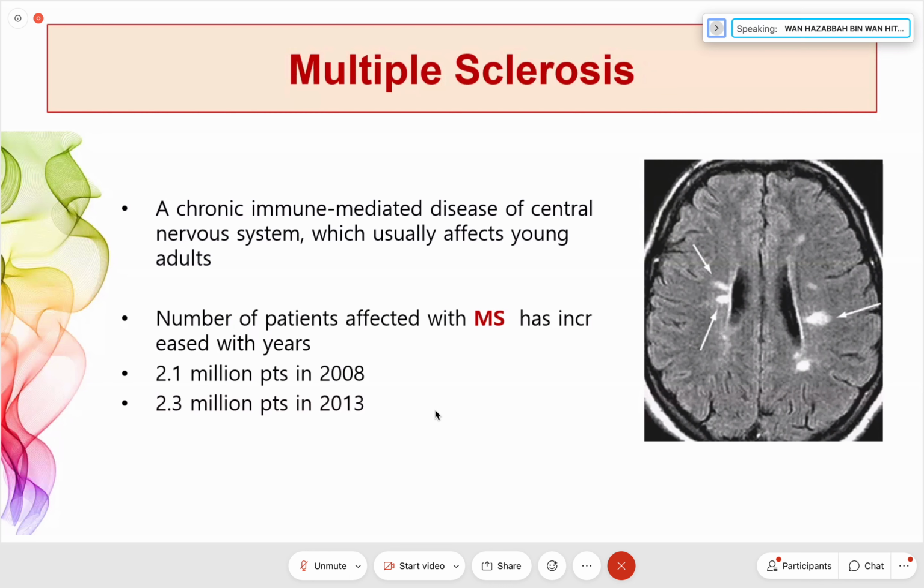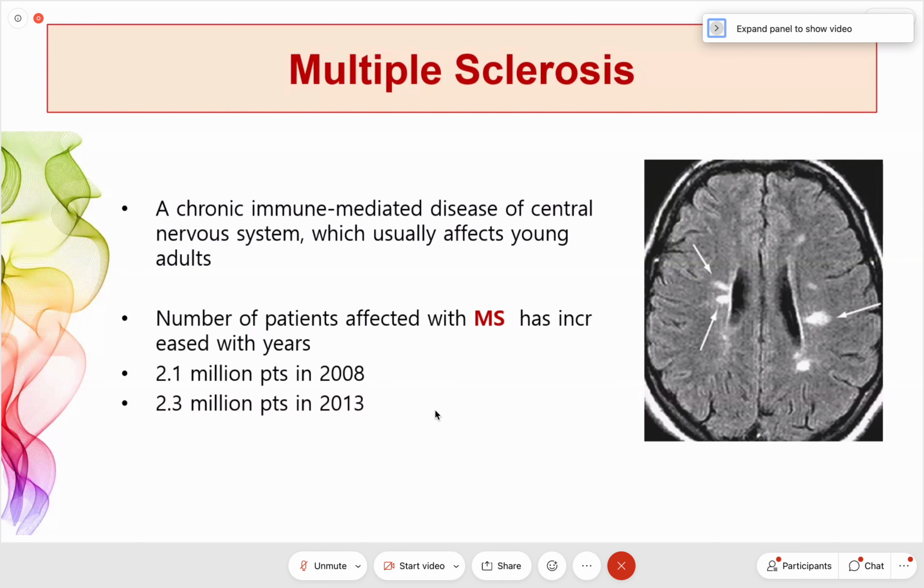It's a chronic immune-mediated disease of the central nervous system, which usually affects young adults. The number of patients affected by multiple sclerosis has been increasing over the years. Worldwide, it was 2.1 million in 2008 and 2.3 million in 2013. So in Malaysia, is it very common?